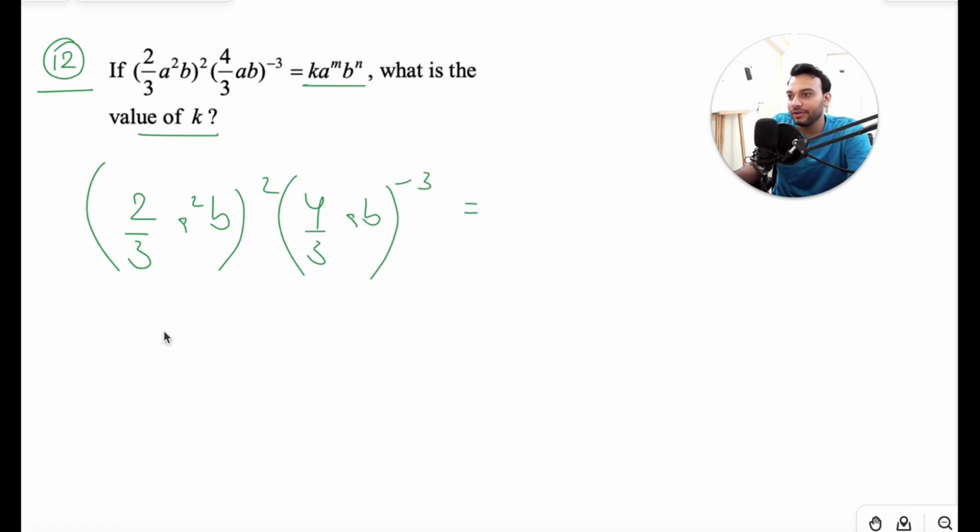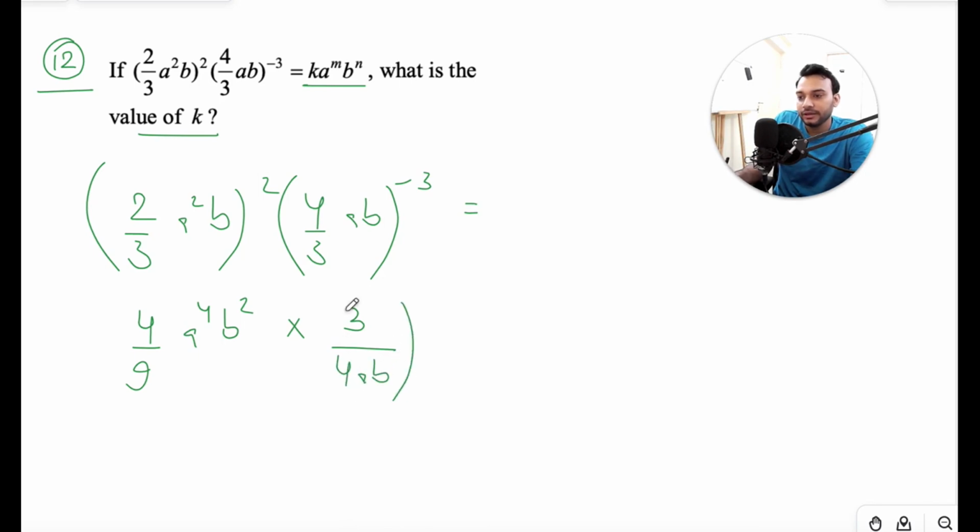Okay, let's simplify this. 2 over 3 squared will be 4 over 9. A squared squared is a raised by 4, b squared. Then 4 over 3 ab raised by negative 3. Do the reciprocal of this to get the positive power: 3 over 4 ab raised by 3. It's one and the same.